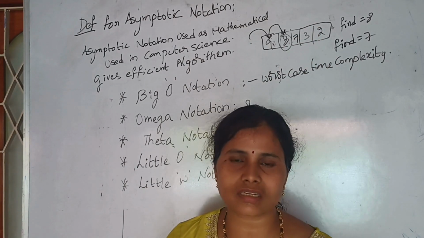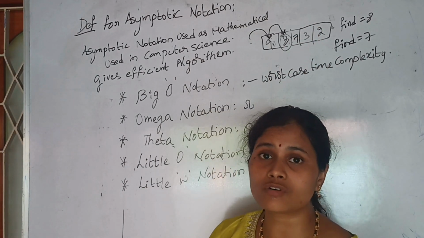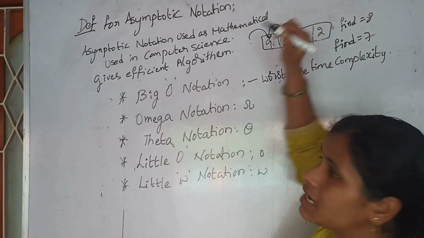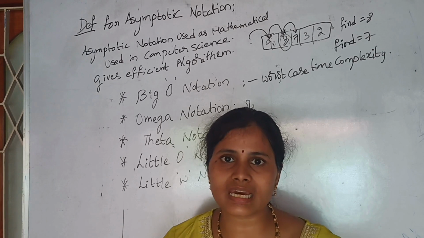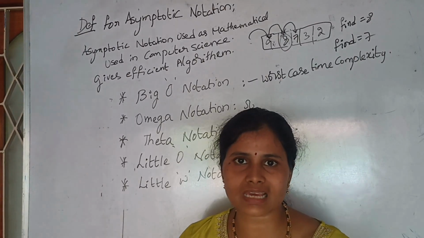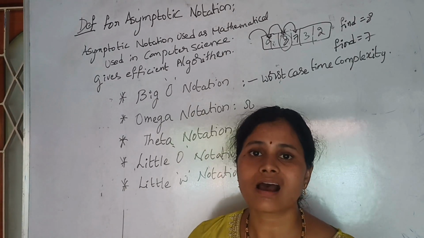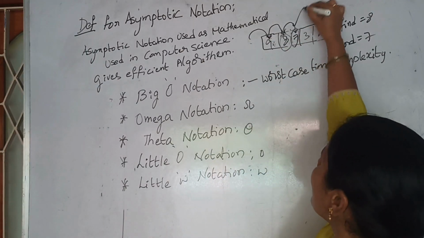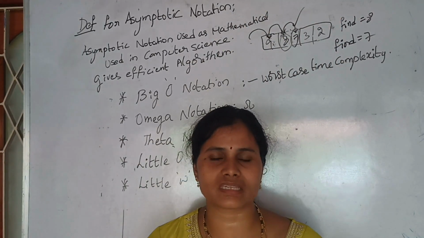It's not matching in the second block, and the compiler moves towards the third block. Here the value is matching, so it gives an exact result. This is the average case time complexity.